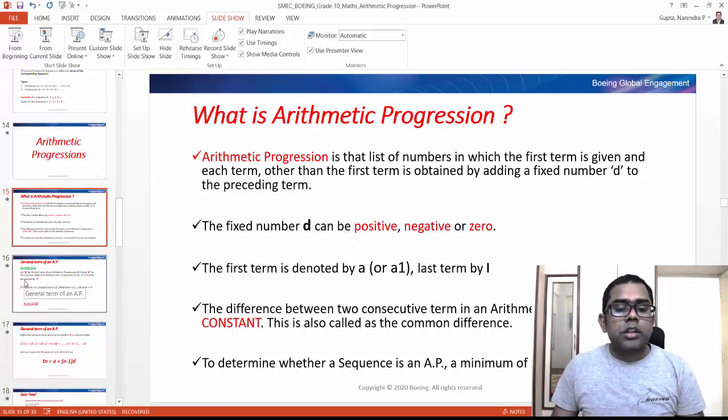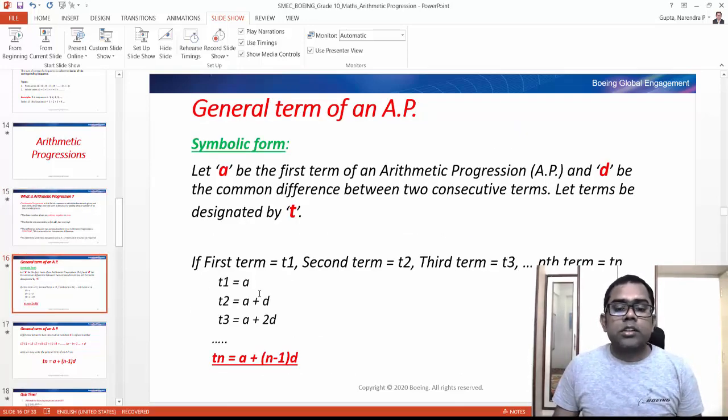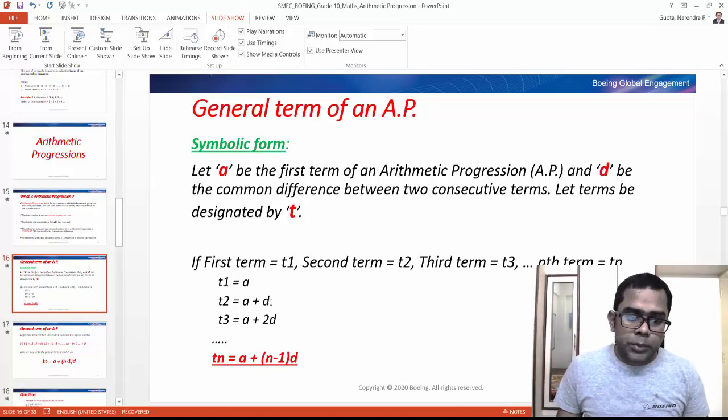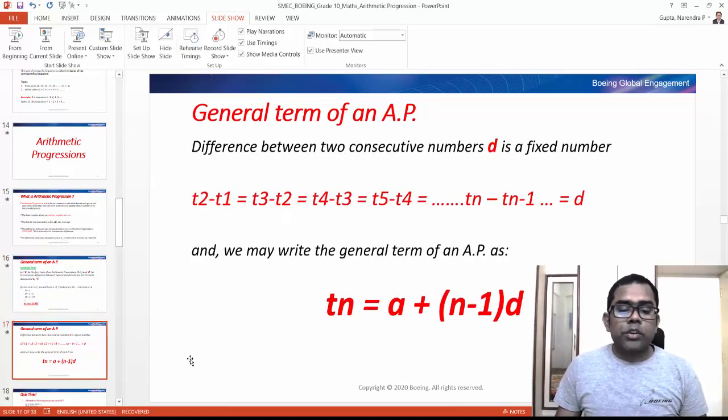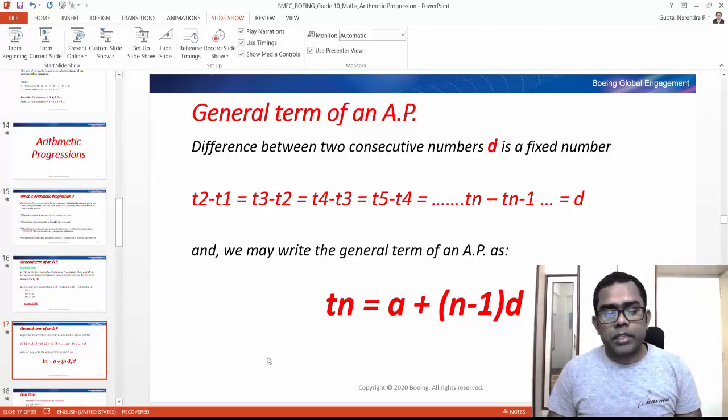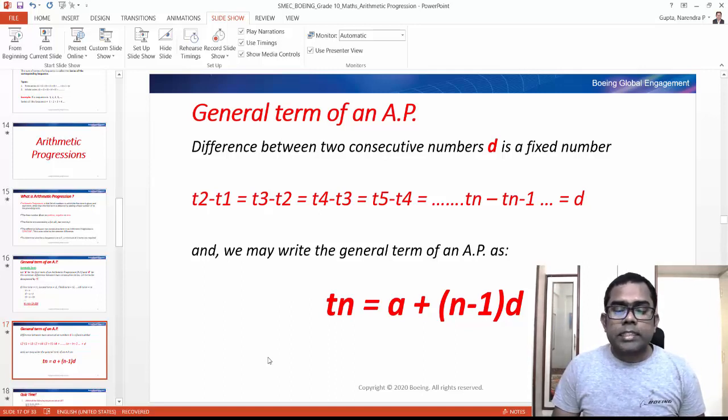We also learned how to express the general term of an arithmetic progression. The formula for the nth term of an arithmetic progression is a plus n minus 1 into d, where a is the first term and d is the common difference between each consecutive term.